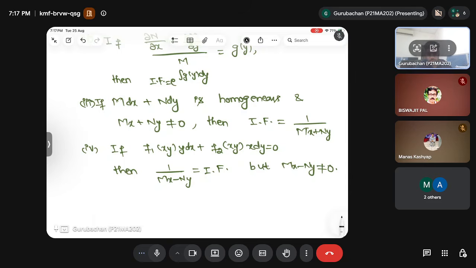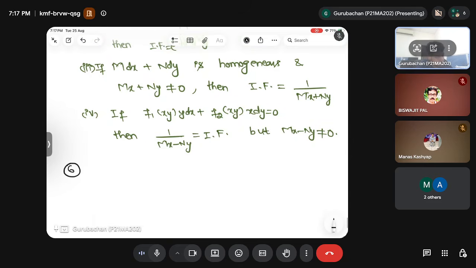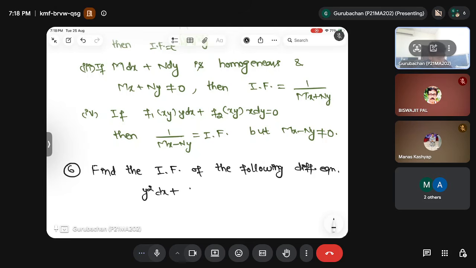So let me give you one question regarding this. Find the integrating factor of the following differential equation.